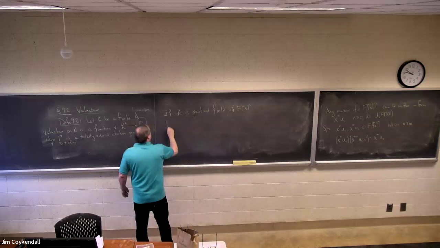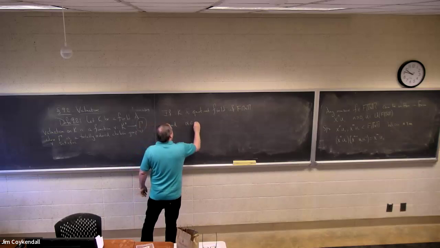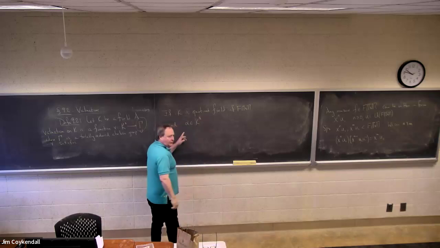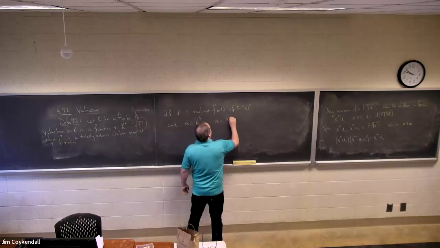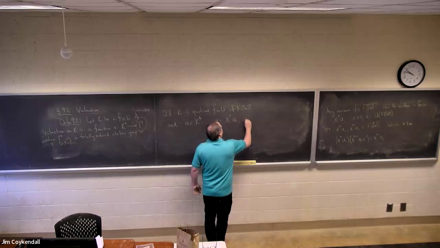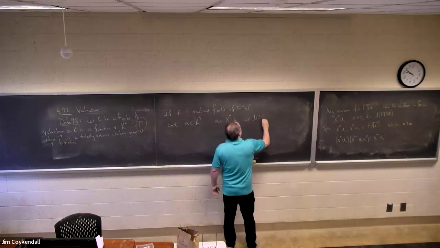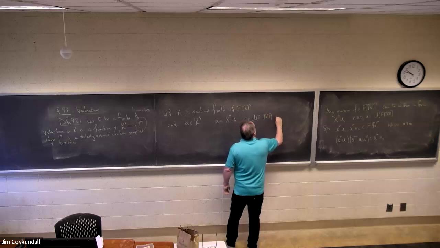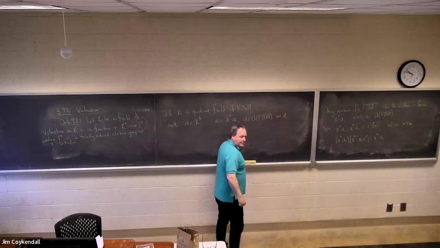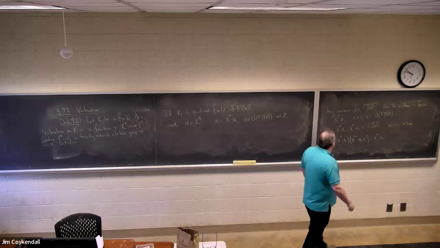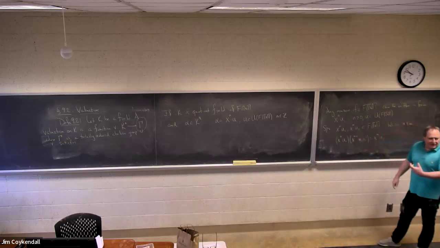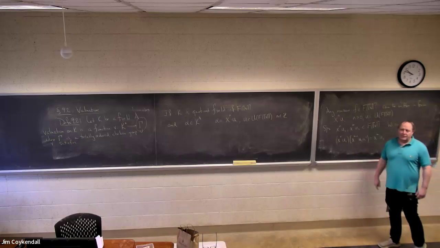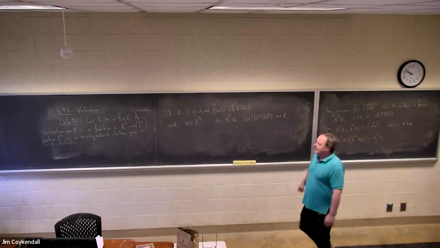Then, if alpha is a non-zero element of K, then alpha is equal to x to the n, u, where u is a unit in F power series in x. And this time, n is any integer. Because just take the quotient of two things like this, and you get the tail is something that's a unit, and your exponent is n minus m, being any integer.